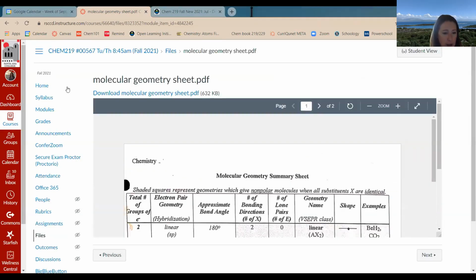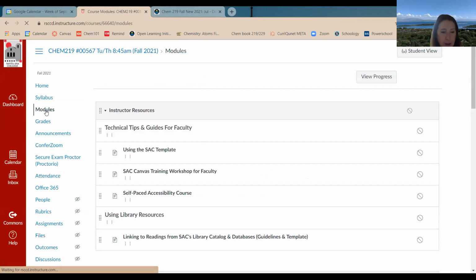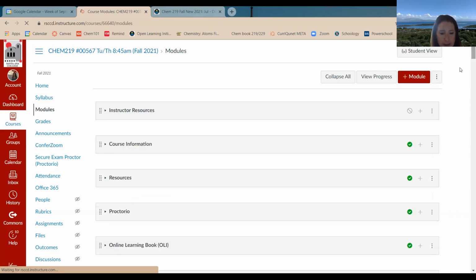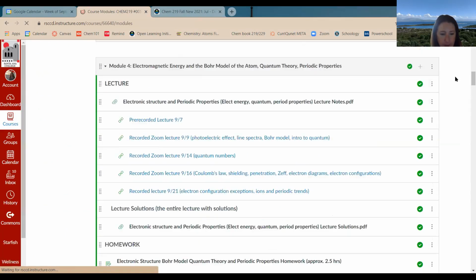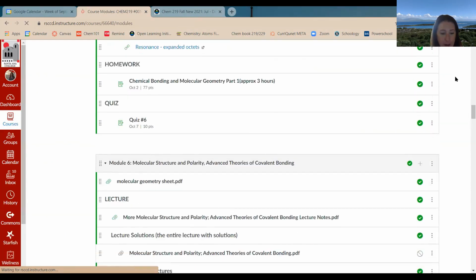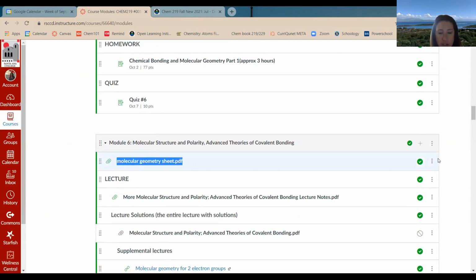Right now, it's under, this is going to take forever if I go back. It's in the next module. Just going to take a minute for my Canvas to go back because my computer and Zoom are such good friends. So right now, it's right here, molecular geometry sheet.